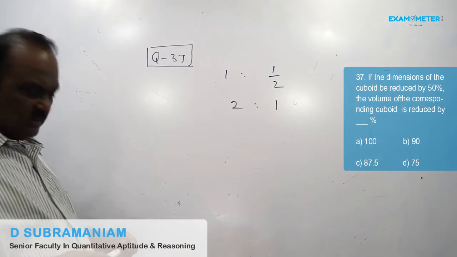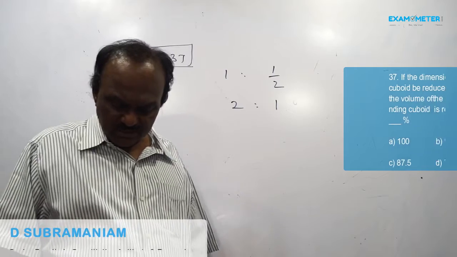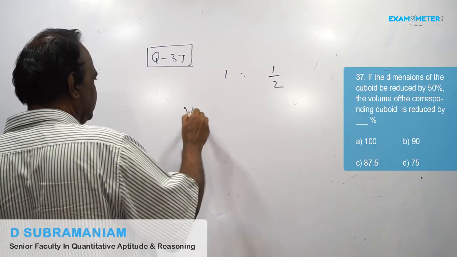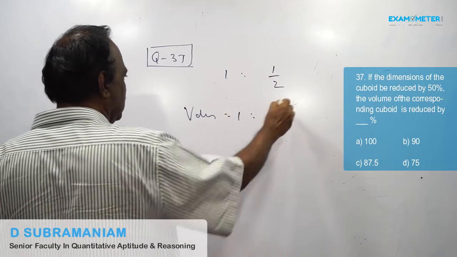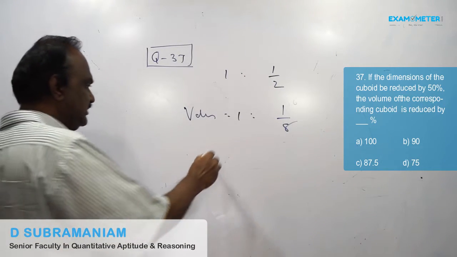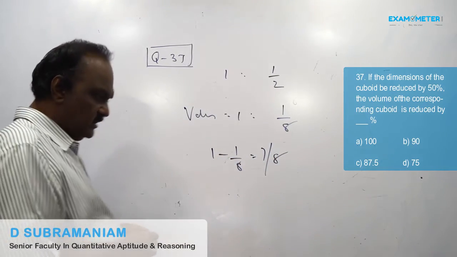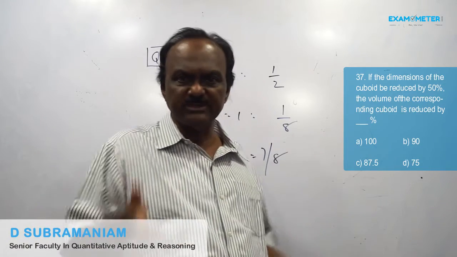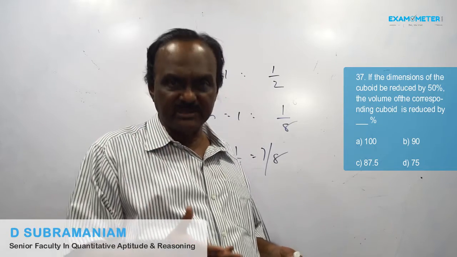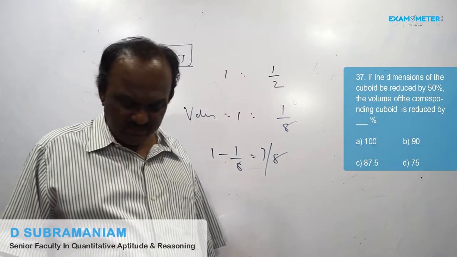Volume is 1 is to 1 by 8. Therefore reduction is equal to 1 minus 1 by 8, that is 7 by 8. 7 by 8 as a percentage is 87.5%.